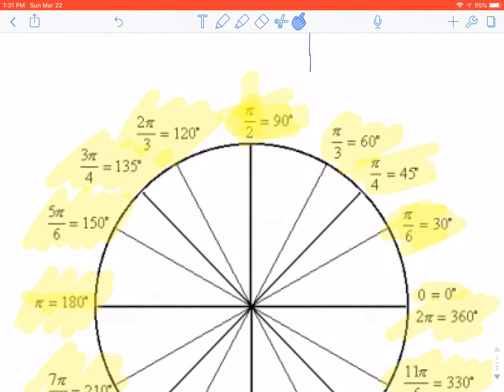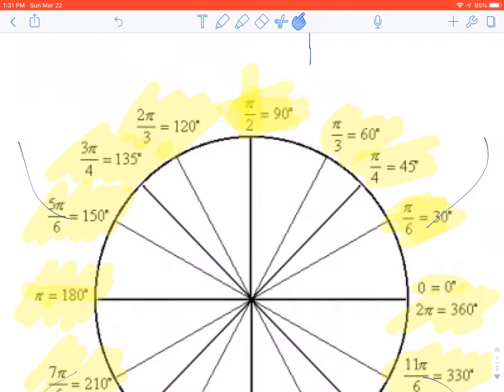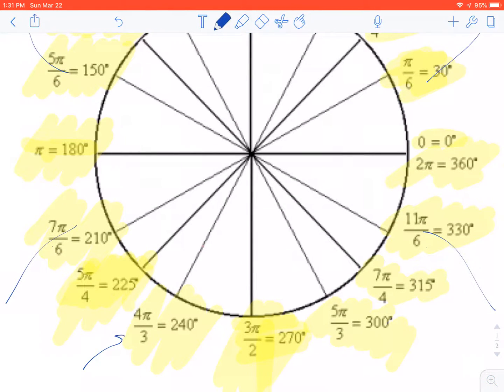And then I could put those in the family of 30s: 30 degrees, pi over 6, 150 degrees, 5 pi over 6, 7 pi over 6 is 210, 11 pi over 6 is 330. And then back to the pi over 3 family: pi over 3 is 60, 2 pi over 3 is 120, 4 pi over 3 is 240, and 5 pi over 3 is 300.